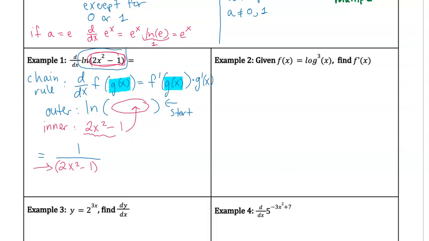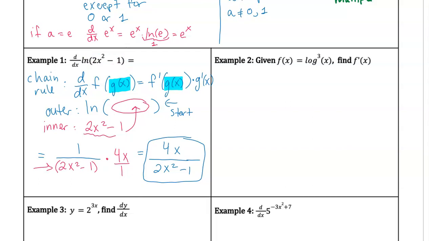But because that inside part is more than just x, it's a function of x, we can think of it as a g of x, then after applying the derivative of natural log, I need to multiply that by the derivative of my inside function, which in this case is 4x if I use the power rule. Maybe I'll think of that as 4x over 1 so I can simplify a little bit. So my final answer for this derivative would be 4x divided by 2x squared minus 1. This function here would indeed give me the slopes of this natural log function up here.